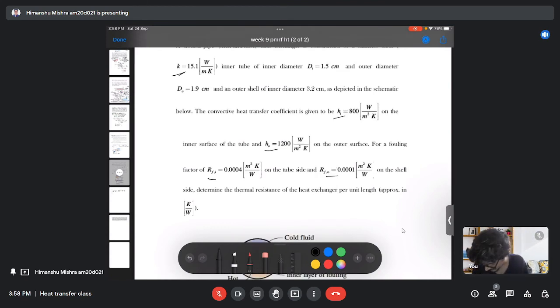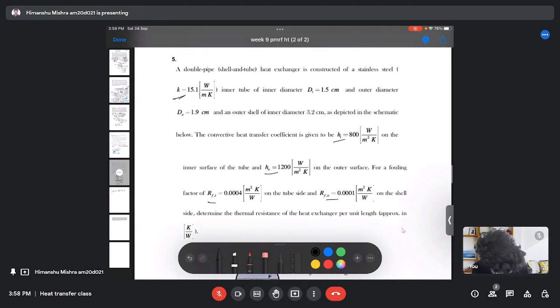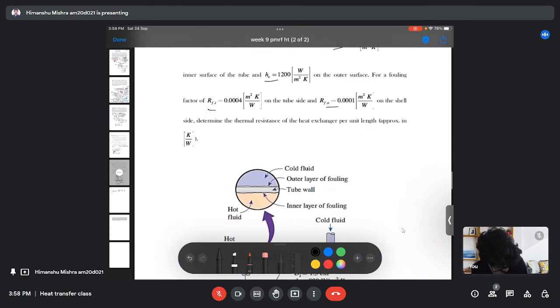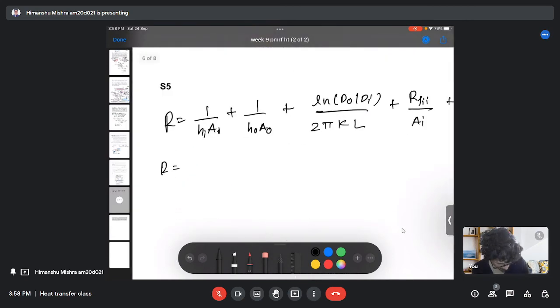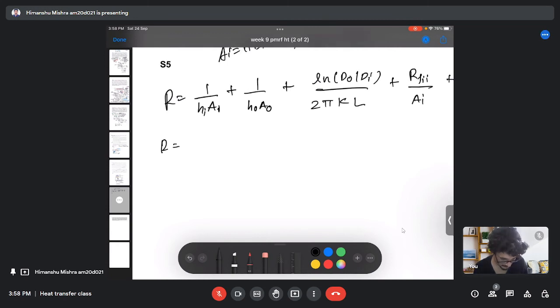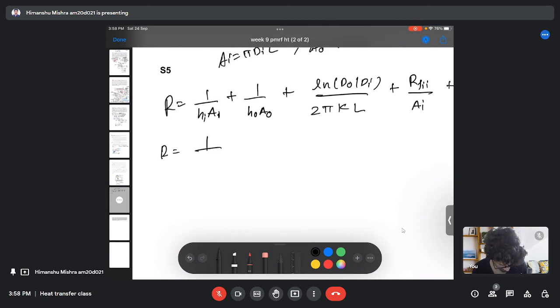And we are given the diameters also. So the area at the inlet and outlet can be defined by the usual relation.